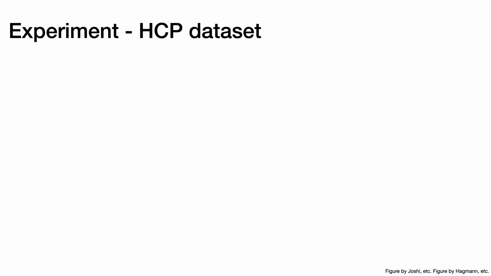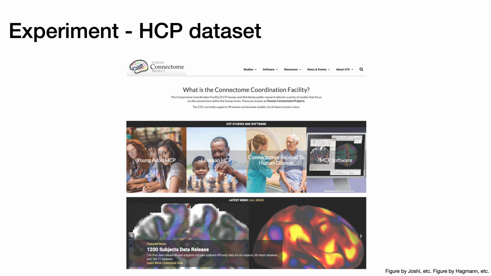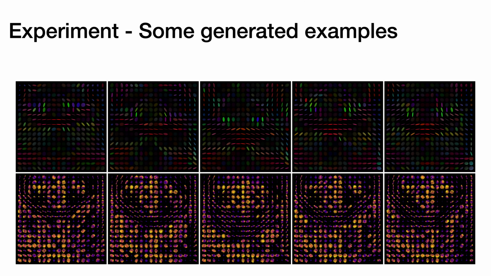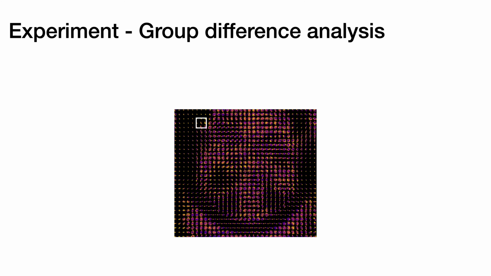For the experiment, we apply our model on the HCP dataset, which contains more than 1,000 samples. This is the generated ODF from our method. The fiber bundles are preserved well. Also, to verify if our method can preserve the difference between groups, we apply permutation testing on each voxel, similar to before.